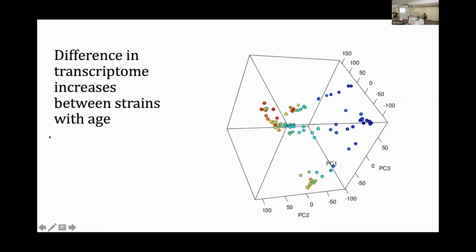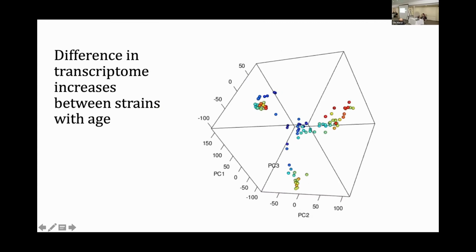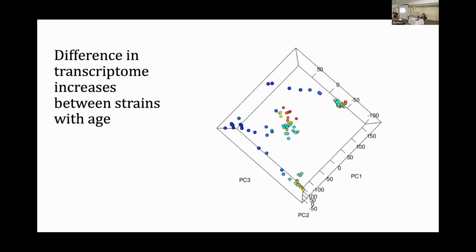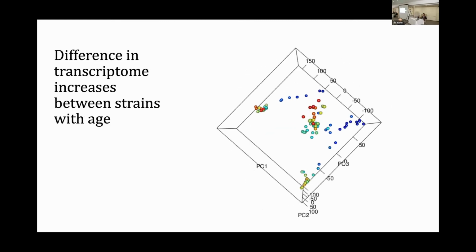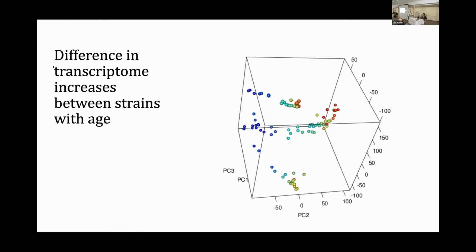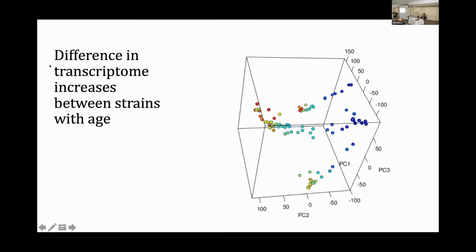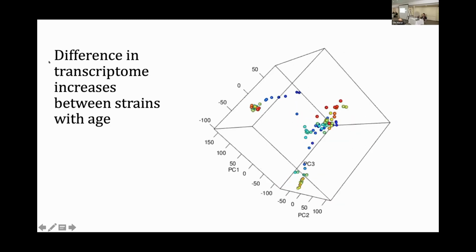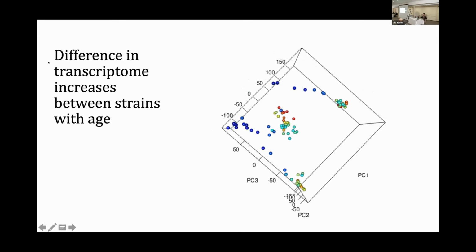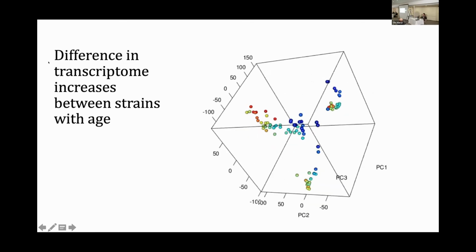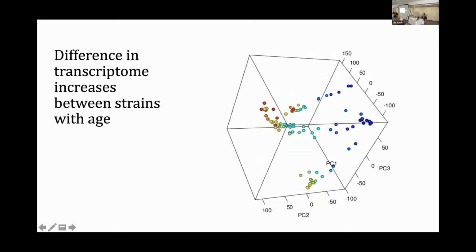So what you see here is the transcription colored by age, where blue is younger and then red is older. And there's 3 strains in this image, and the space in between the dots is sort of close or further apart.